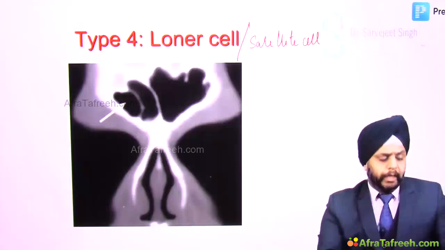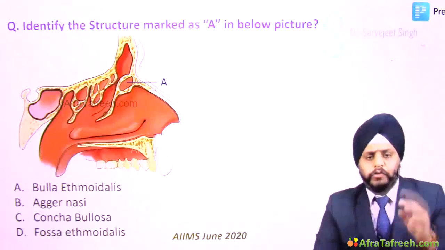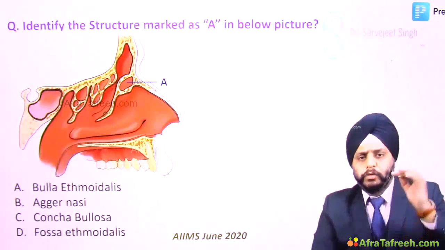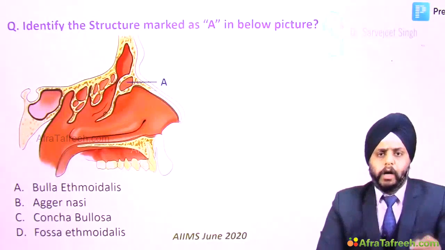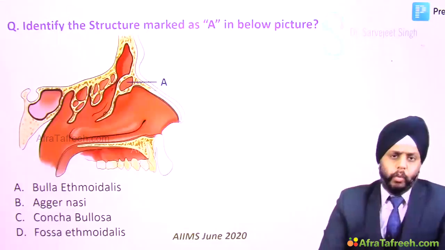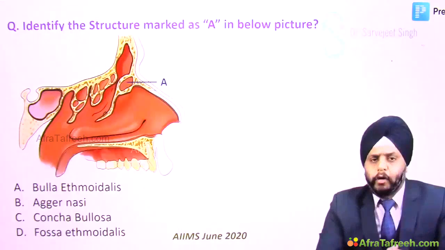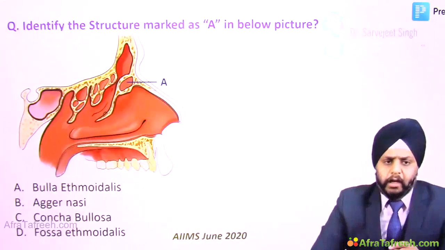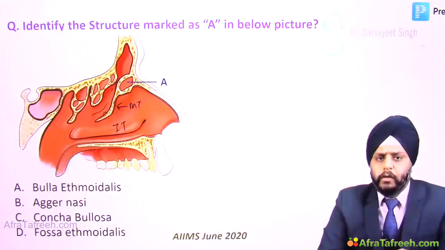All right. Now let's look at this question. This question was asked in the AIIMS June 2020 exam. Identify the structure marked as A in the image given below. So what is the structure over here? This is the lateral wall of the nose, and you can very clearly see they have drawn the inferior turbinate, and the middle turbinate which they have cut, and they have shown a cell over here.